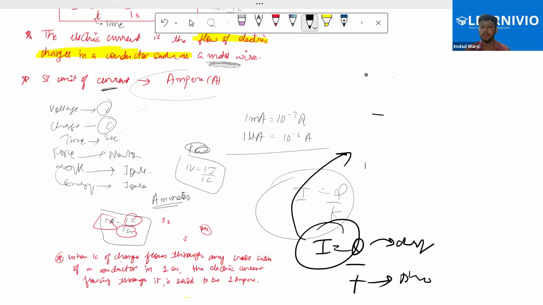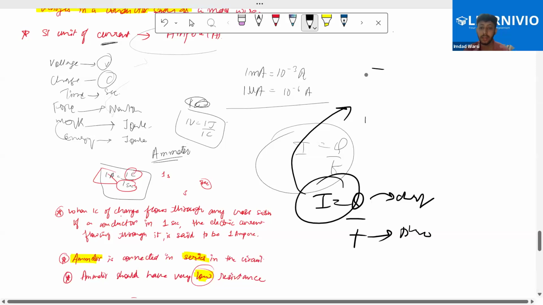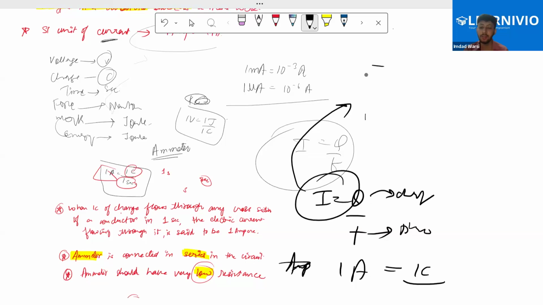What is the SI unit of current? Ampere. SI unit of charge? Coulomb. And time? Seconds.